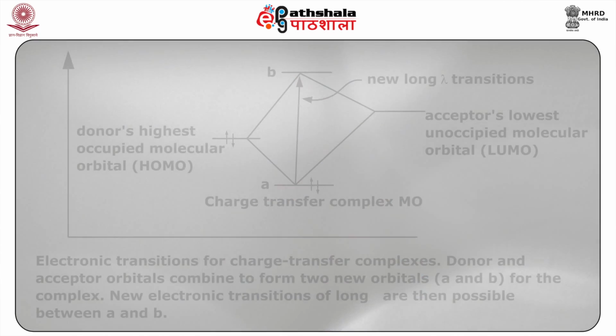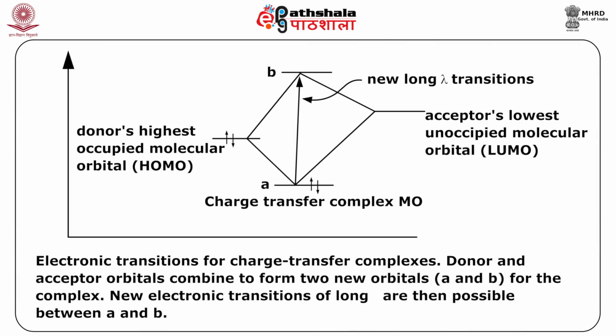The 2 new molecular orbitals formed and the transitions between them are clearly shown in the figure. You can see the donor's highest occupied molecular orbital as well as the acceptor's LUMO, that is the lowest unoccupied molecular orbital, and the charge transfer complex and the transfer of electronic charge through space from the donor to the acceptor.